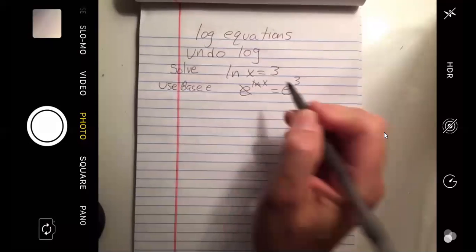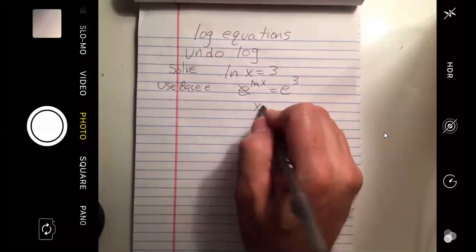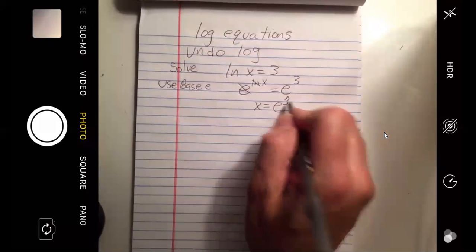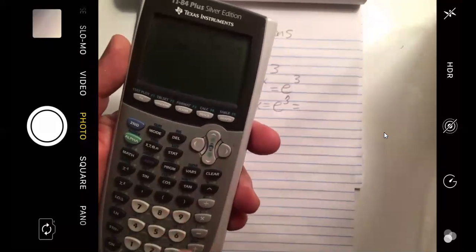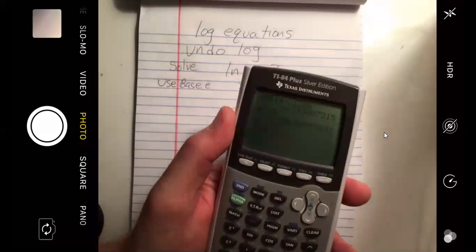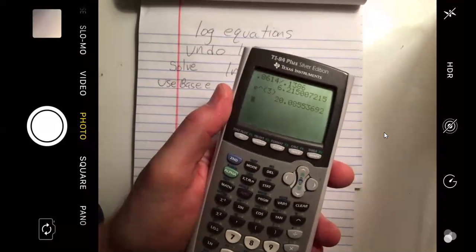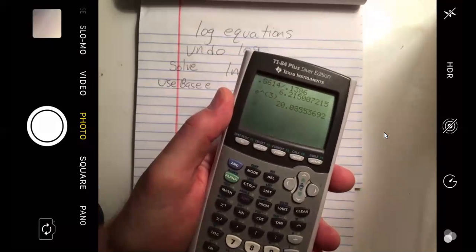These directly cancel. x equals e raised to the 3. I can punch that out. e raised to the 3 is 20.0855.